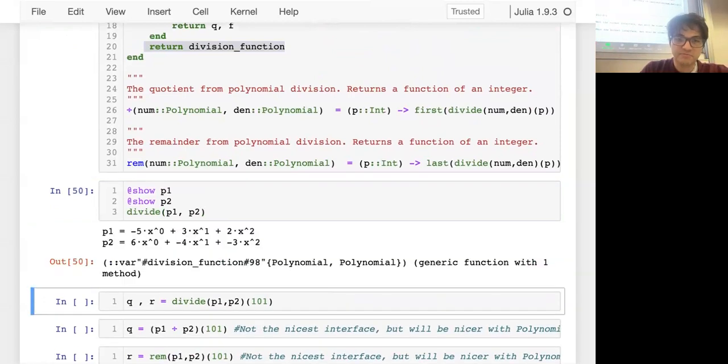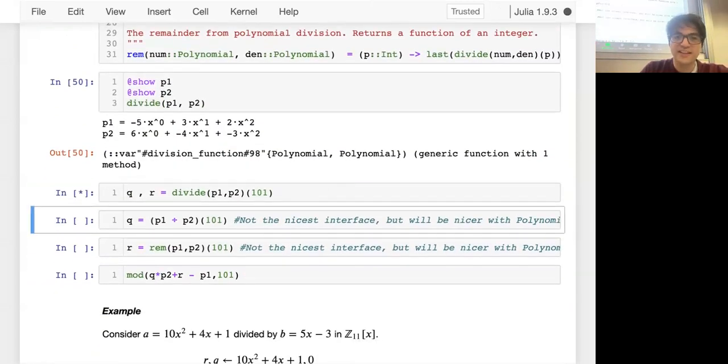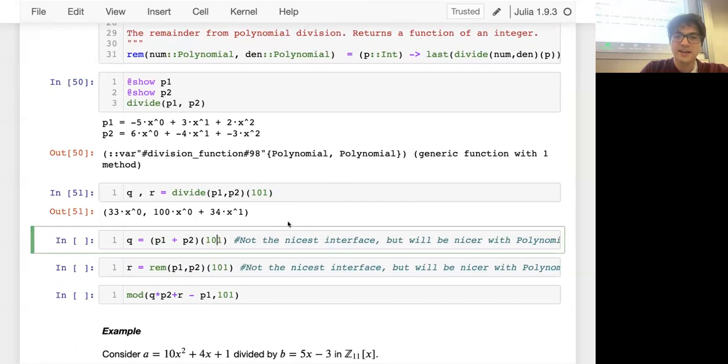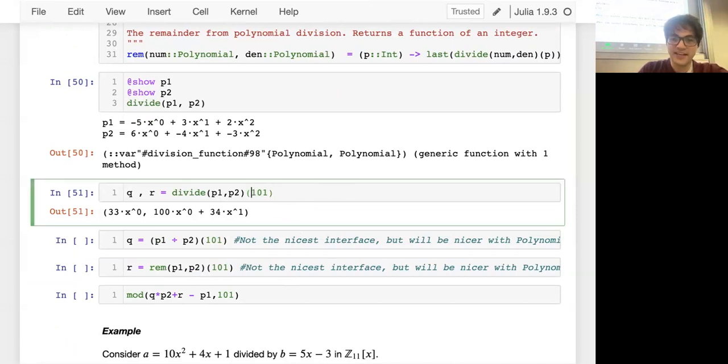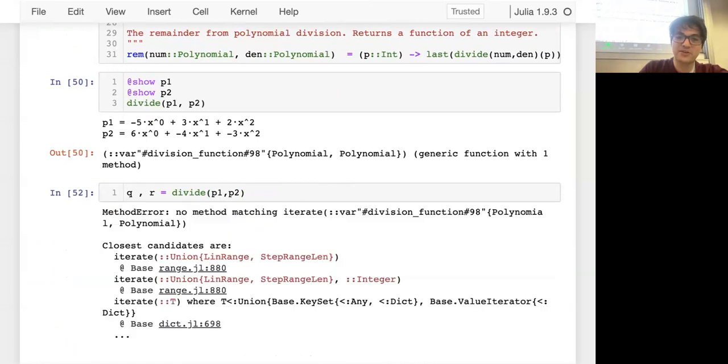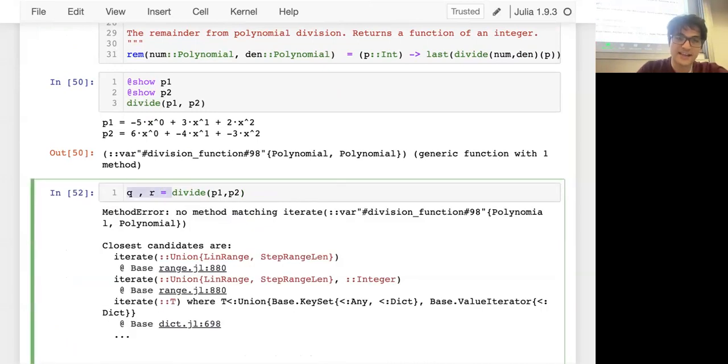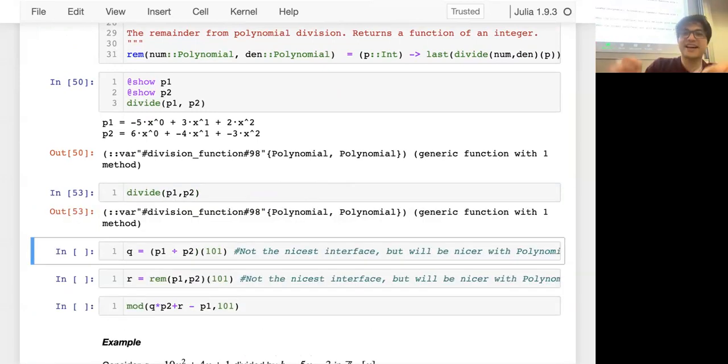So you can go through these yourself. This is just showing that the algorithms are working. All right. So I'm saying I can divide P1 and P2. So let me take this out, because this may be weird, right? If I'm saying divide P1 by P2, I can't unpack it. It says I'm a function.